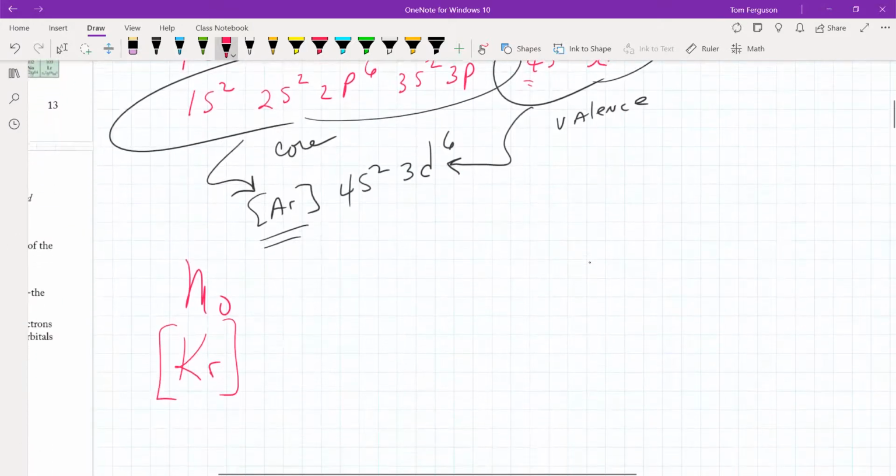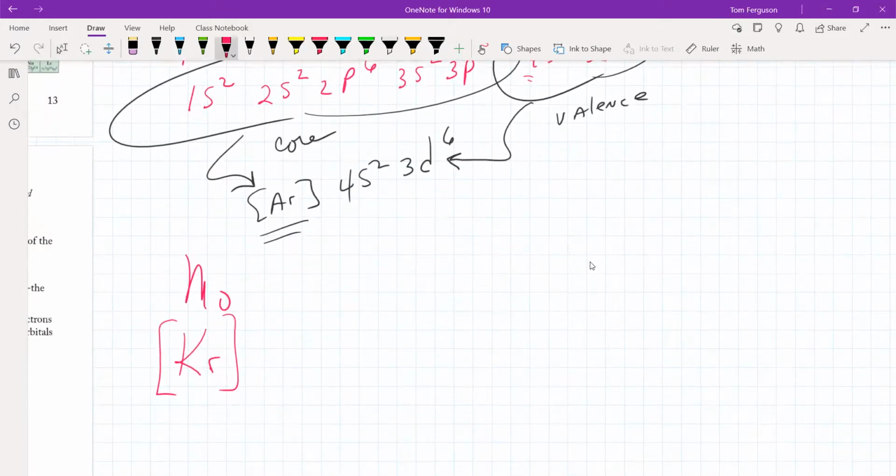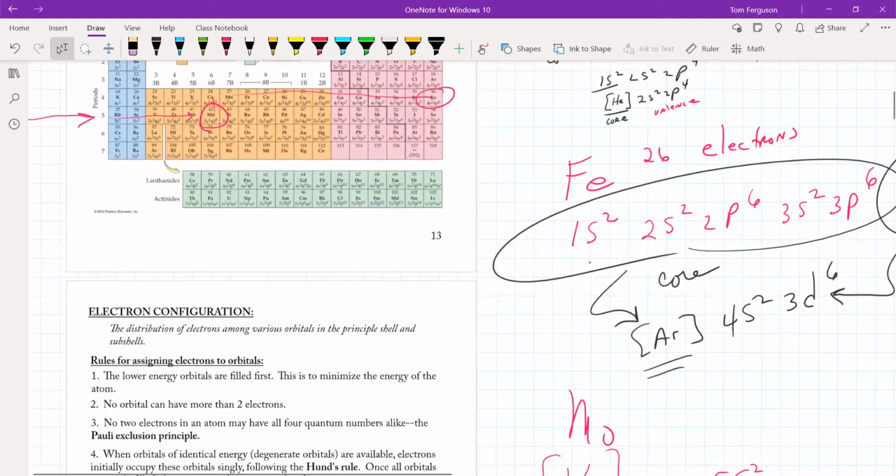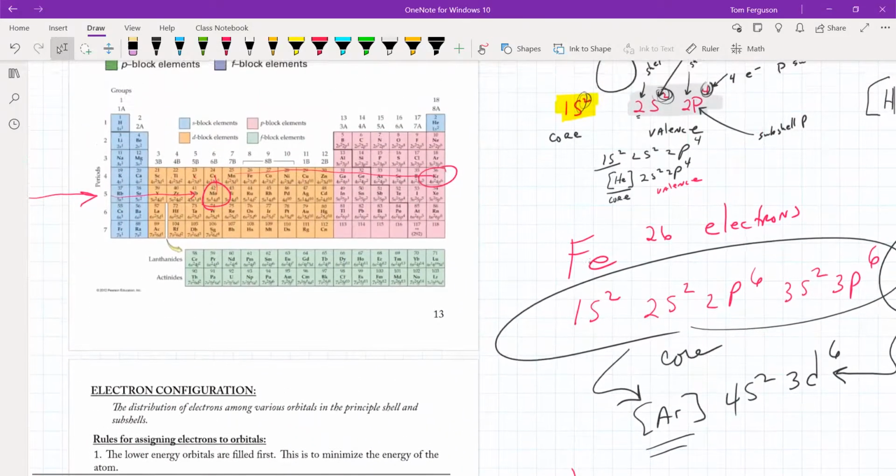I have a quick question. Sure. How did you know how far to go to krypton? Up 1, over to the right. All the way to the end? Correct. Is it always like that? Always, no exceptions.